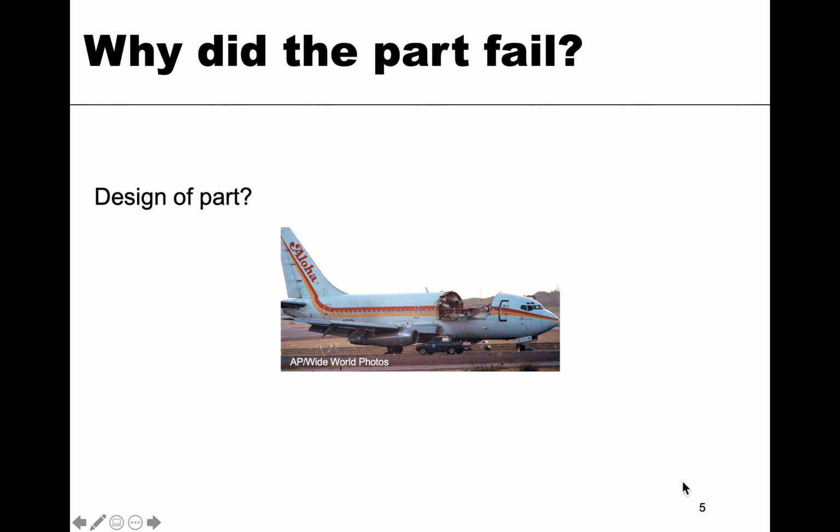So we want to know, why did the part fail? Was it the design? That's not necessarily something we think of as material science, but it is important to understand the design of the part. Was it exposed to a larger than expected stress? That is something that we have some control over, but sometimes there's no control.